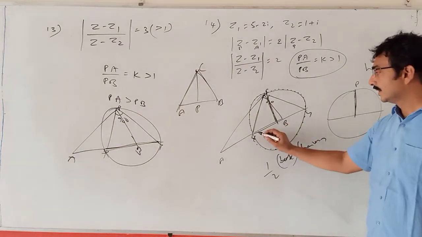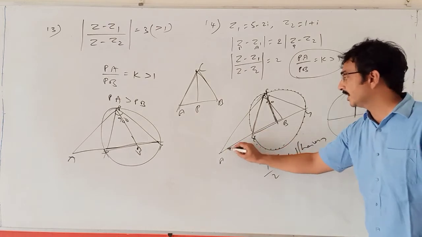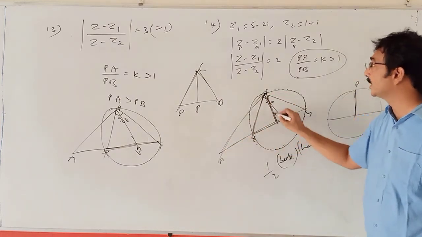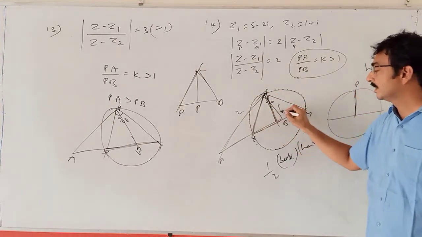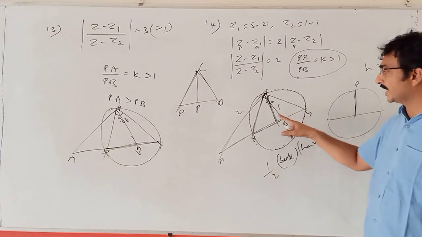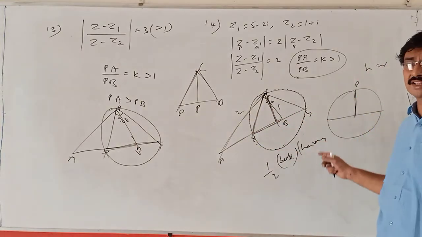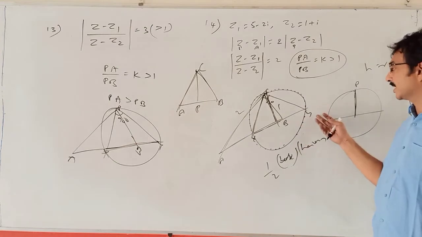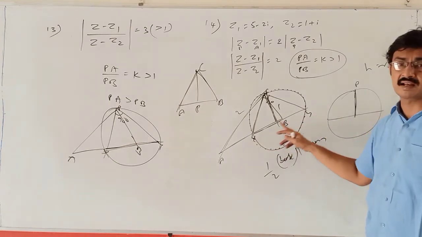Therefore, X divides AB bar in the ratio PA to PB. What is PA to PB? It is 2:1. So by using that we can find X. Similarly, Y divides AB bar in the same ratio 2:1 but externally. Therefore we can find Y by using the external division formula. Thus we have X and Y.